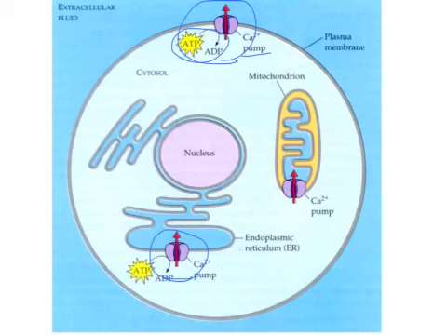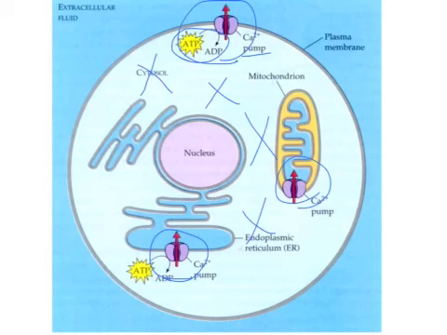In muscle cells, there's a specialized endoplasmic reticulum that stores calcium because calcium is required for muscle cell contraction, or it's pumped into the mitochondria. But essentially, you're not going to find calcium hanging out here in the cytosol. So when that happens, that triggers that calcium can act as a second messenger. That will trigger some sort of pathway within the cell.